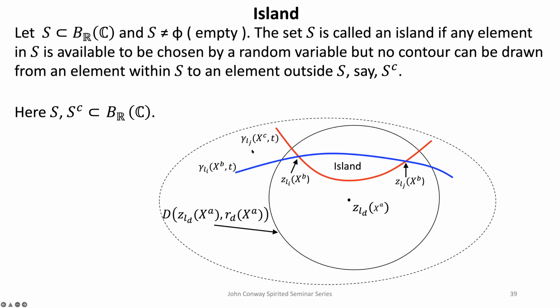And then this red line is Z_L_J X_C, another contour. X_A, X_B, X_C, I called different arbitrary contours. So one contour, another contour, deleted. So this piece cannot be within the island. No contour can be drawn from the element. So this set of elements here forms an island.